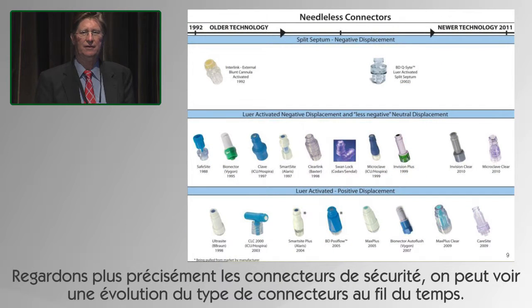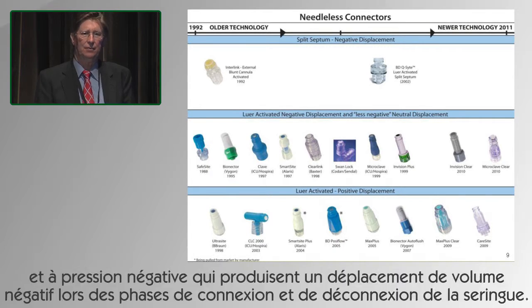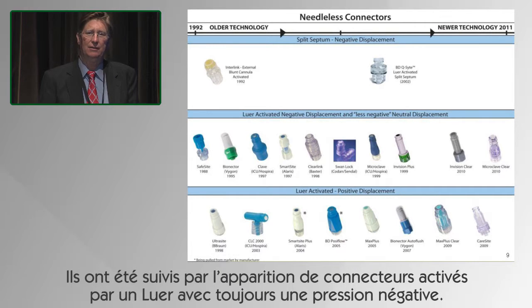If we look specifically at needleless connectors, we've seen an evolution of the type of connector over time. Initially starting with split septum, negative pressure split septum connectors, which produce negative pressure during either insertion or removal. That was followed by luer-activated connectors that again were negative pressure.